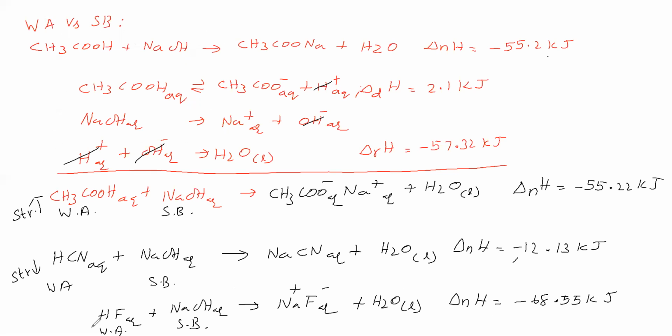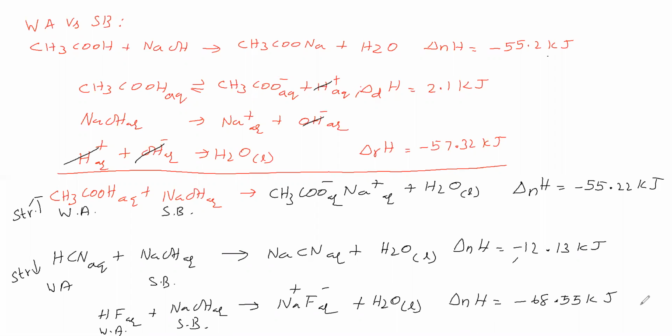HF is a weak acid, so the expectation was less than 57.32, but the expectation is wrong. The experimental result is even greater than strong acid and strong base. The reason is that F minus has a very high affinity for water and goes for a higher extent of hydration. Hydration is exothermic, so more energy is liberated. That's why the enthalpy of neutralization is high.